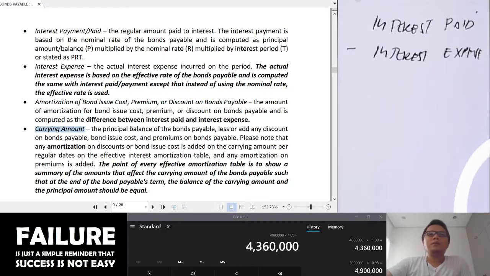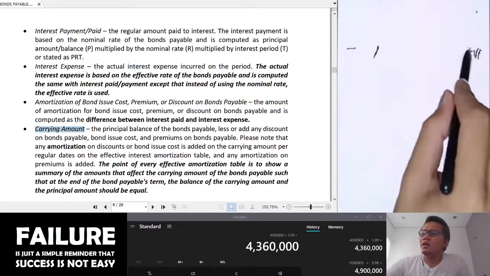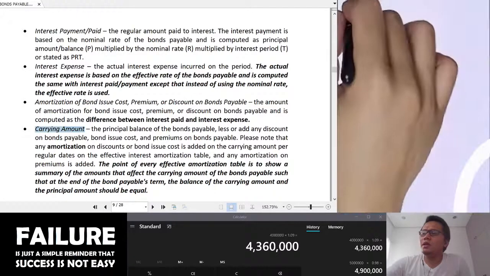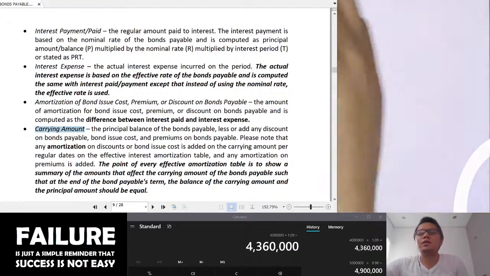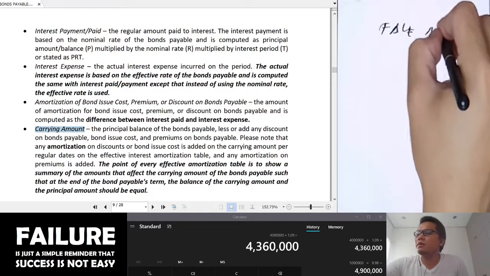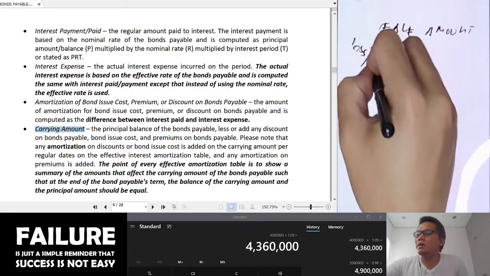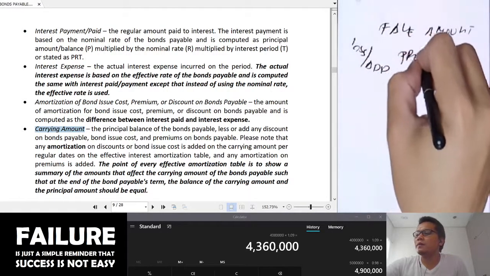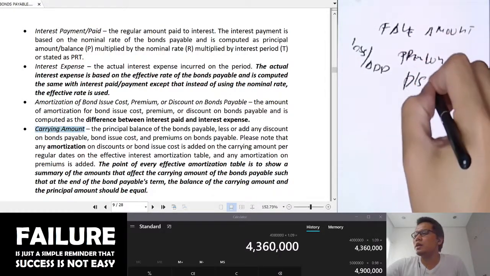And the carrying amount, di ba, based na nakita natin sa ating mga previous illustration, that is the face amount less or add any premium or discount.